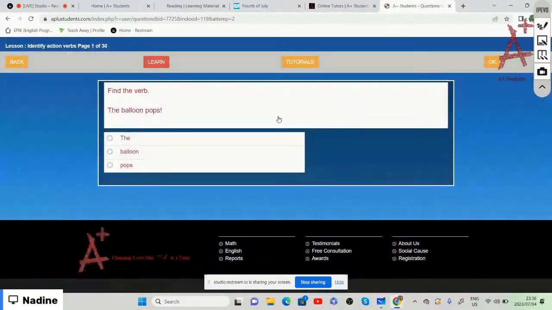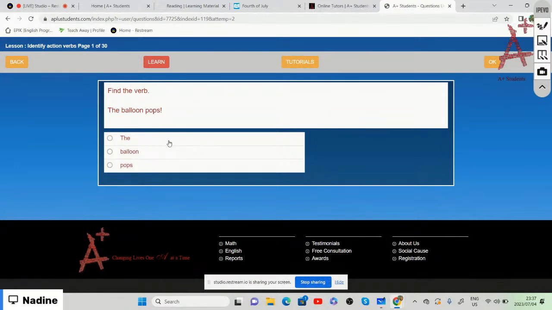All right, so we need to find the verb, right? So a sentence is given, and then we need to choose and identify the verb within the sentence. So the sentence is the balloon pops. So we need to identify what the action verb is within that sentence.